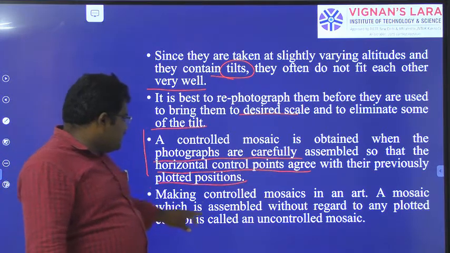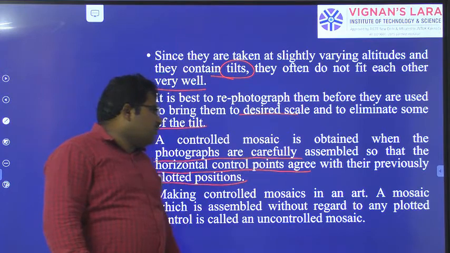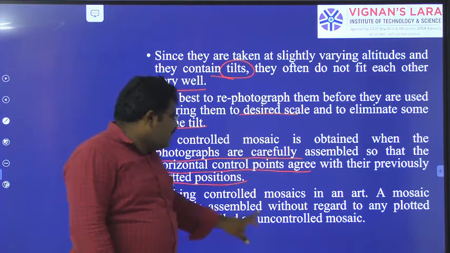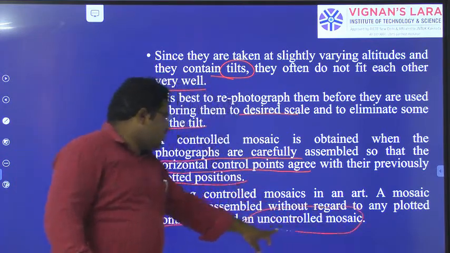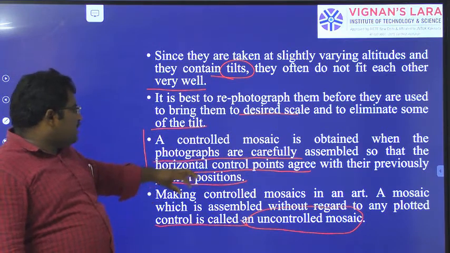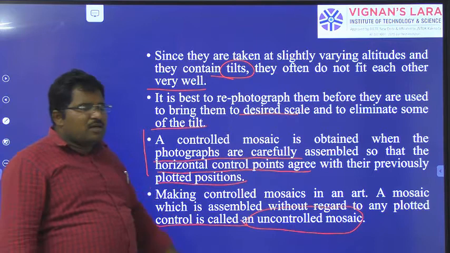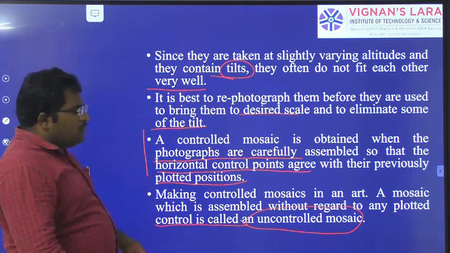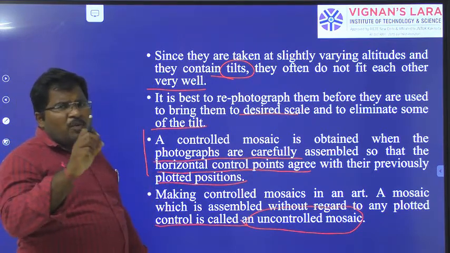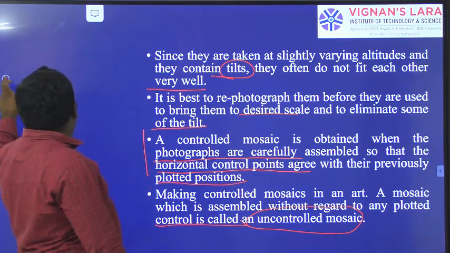A mosaic which is assembled without regard to any plotted control is called an uncontrolled mosaic, right? So if you have any plotted control, that is called a controlled mosaic. If it does not have any control point, that is called an uncontrolled mosaic. A control point means some known point on the given map or on the ground.